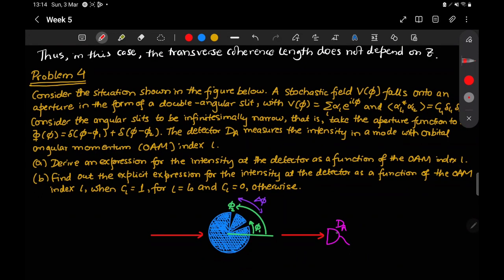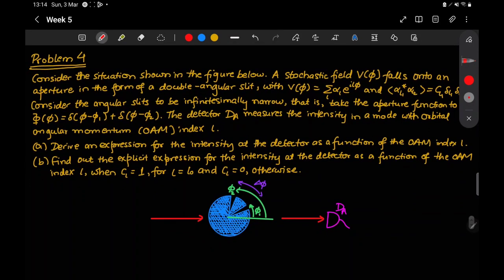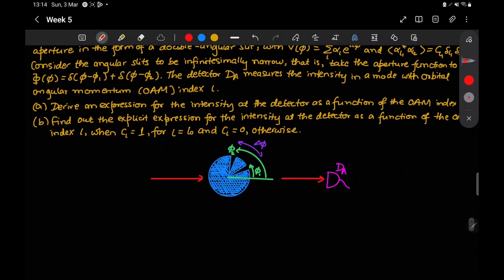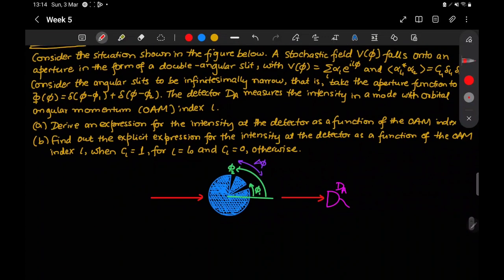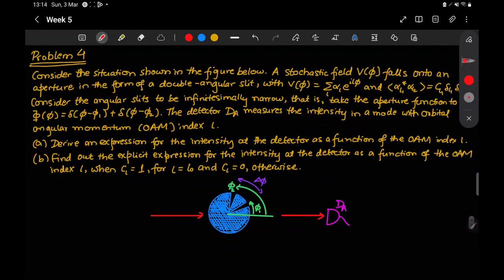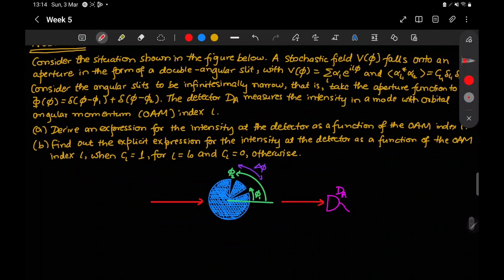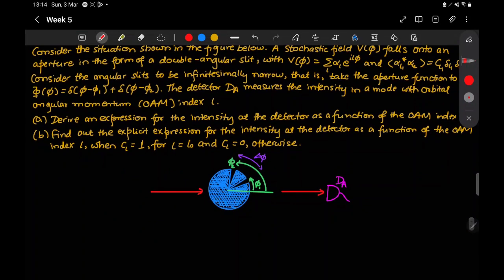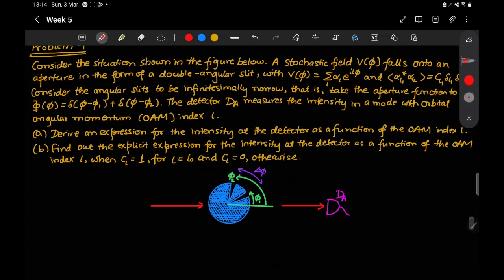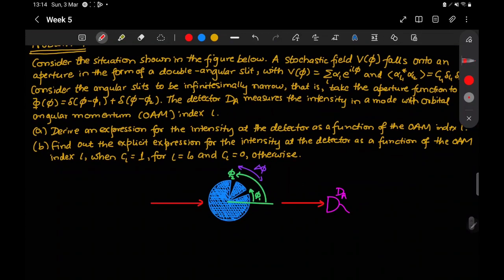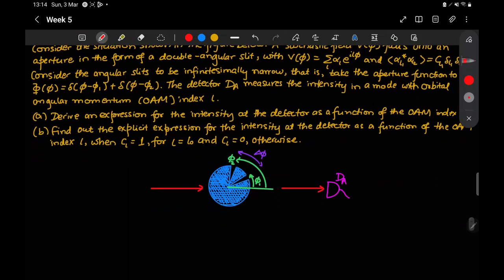We have a detector dA. The detector dA measures the intensity in a mode with orbital angular momentum OAM index L. In part A, we have to find an expression for the intensity at the detector as a function of the OAM index L, and part B says find the explicit expression for the intensity at the detector as a function of the OAM index L when we have the condition that C_L equals 1 for L equals L naught and C_L is equal to 0 otherwise.